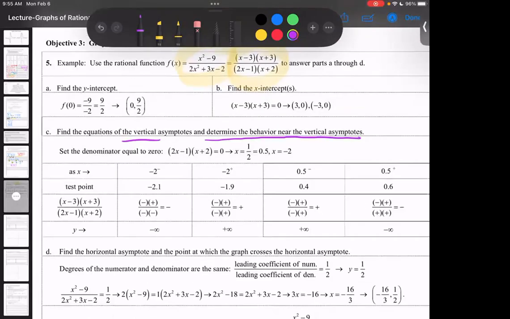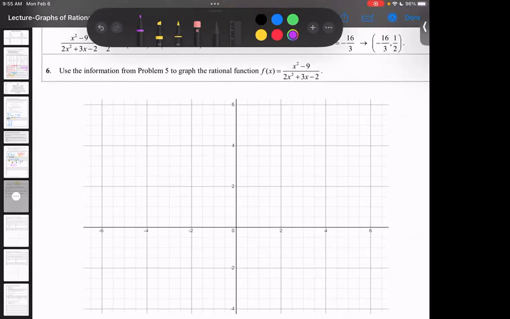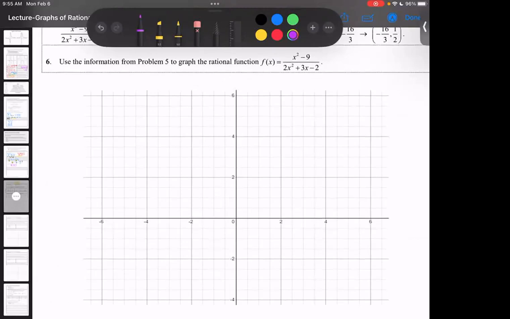How would you put all that information together to create a graph? So maybe, if you don't have your notes, draw down those real quick. My advice to you, first things first, plot those points down. I have the x-intercept and y-intercept, so plot them first.